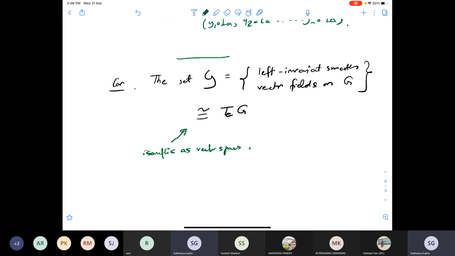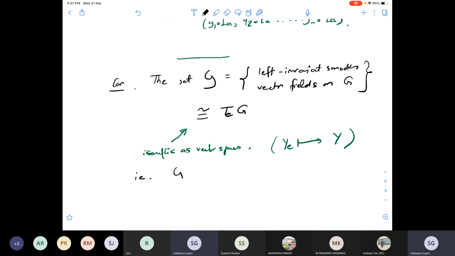So YE maps to Y. We are extending a tangent vector at the tangent space at the identity to the whole Lie group to get a defined left invariant smooth vector field. And conversely, once you have a left invariant smooth vector field, you can look at what vector you have at the identity, and you get a vector there. So from what we discussed, this is going to be an isomorphism. And so this is a vector space.